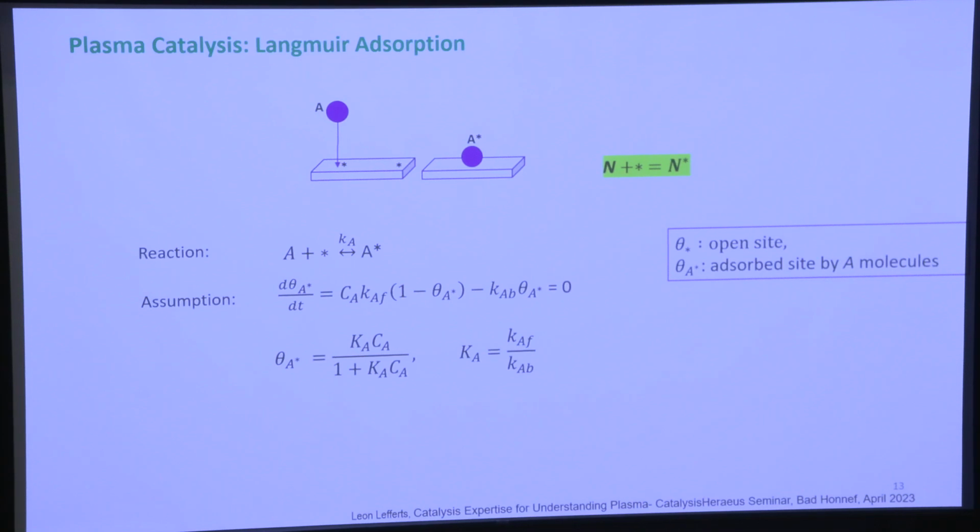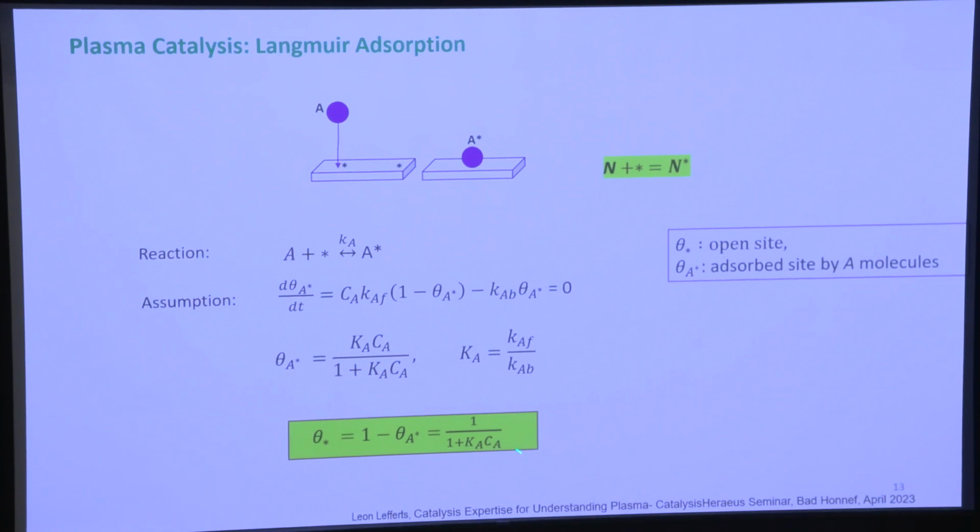This will give you an estimate of how much of the surface is occupied by A and how much open surface is available. You can see this is strongly pressure dependent. At high pressure, CA is high, and then the open surface sites are very low. Therefore, the pressure affects the surface adsorption and the site density on the surface.